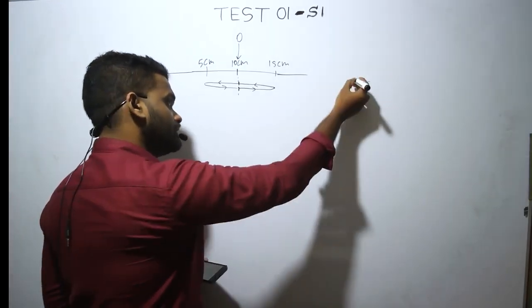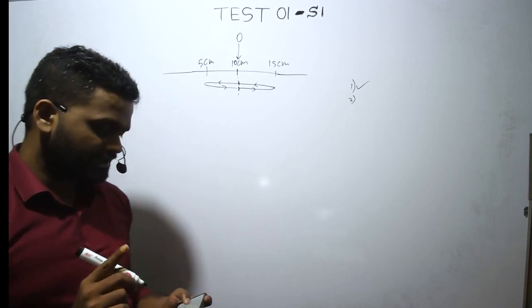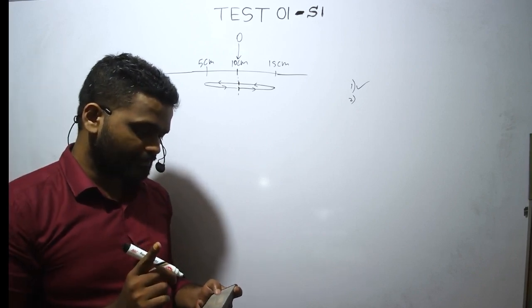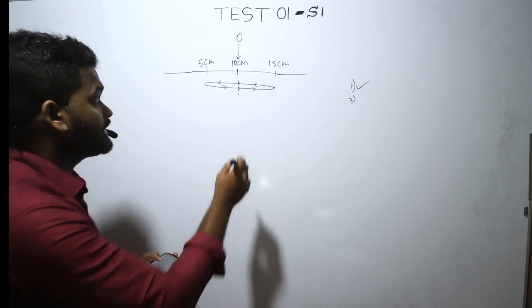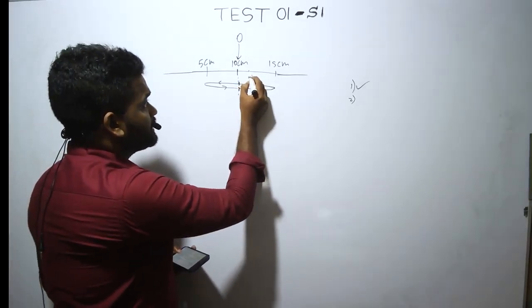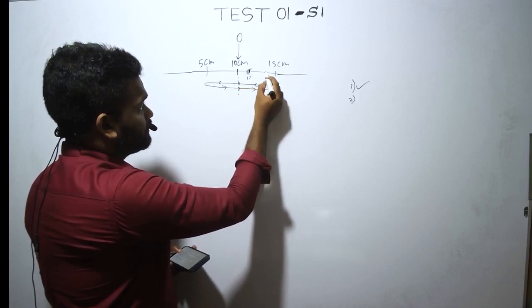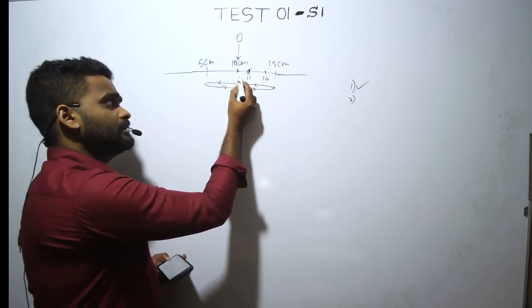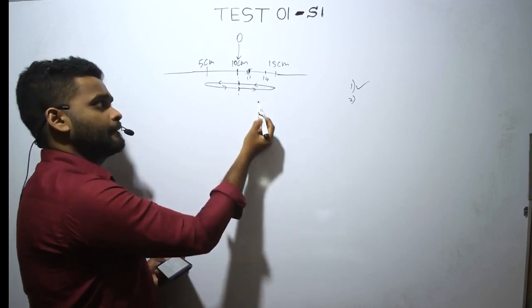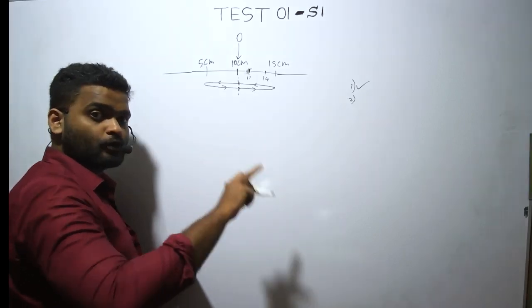Second one, time to move from 10 to 11 centimeter is higher than time to move from 14 to 15 centimeter. So 10 to 11 centimeter means from here to here, let's say, and from 14 to 15.